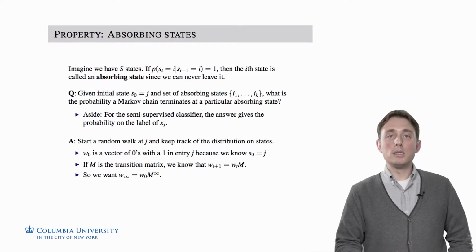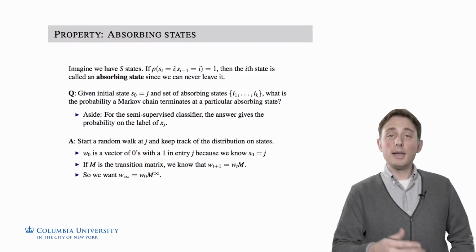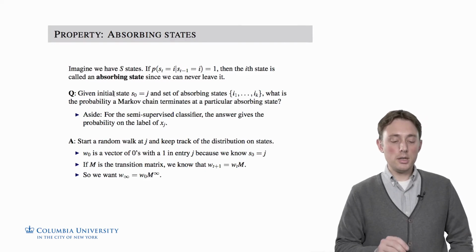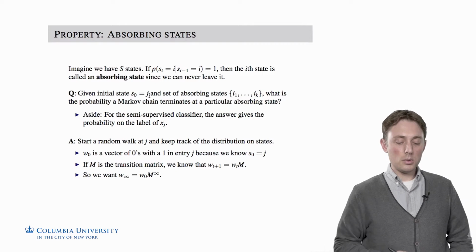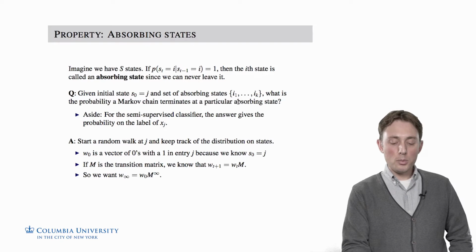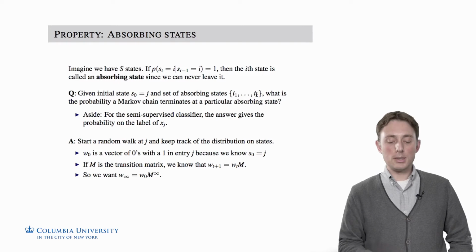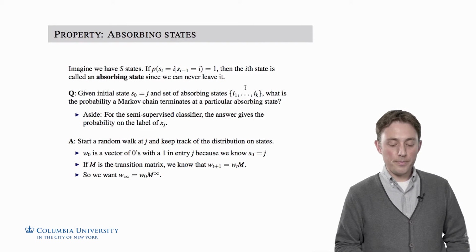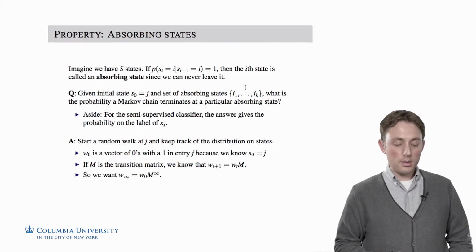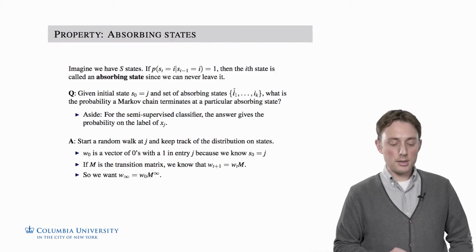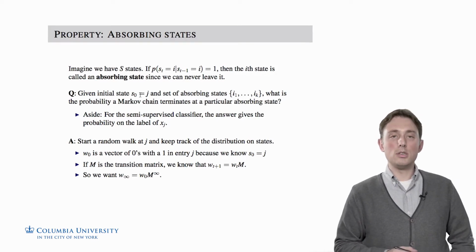So the question now is, for this modeling problem, and in general, in fact, this is a general result, given an initial state S0 equal to j, so given that I start in the jth state, given a set of absorbing states with the indices i1 through ik, so imagine we have k absorbing states, and these are their indices, and also given a Markov transition matrix M, what is the probability that the Markov chain terminates at any of these particular absorbing states, given that we've started at state j?